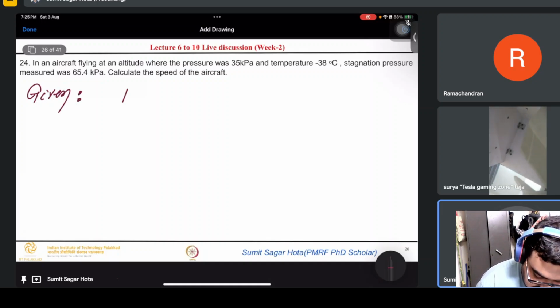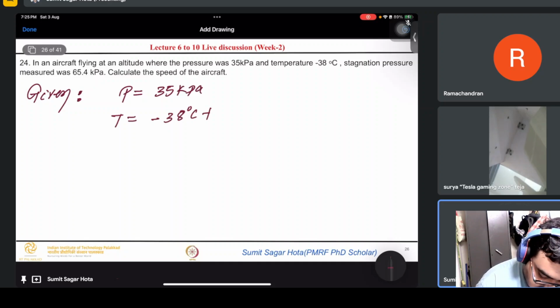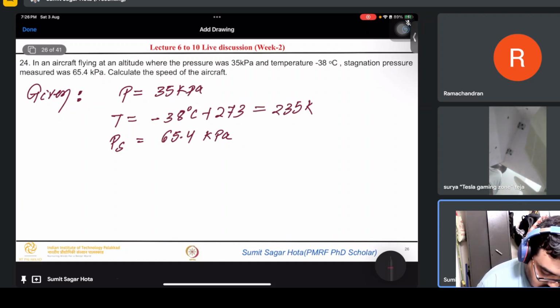First write down what is given. Pressure 35 kilopascal, temperature minus 38 degrees Celsius, convert it into Kelvin always, 235 Kelvin. The stagnation pressure given is 65.4 kilopascal. Then what is the sonic velocity? Square root of gamma RT.